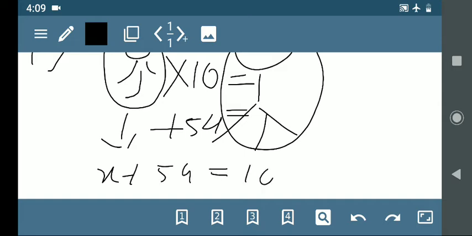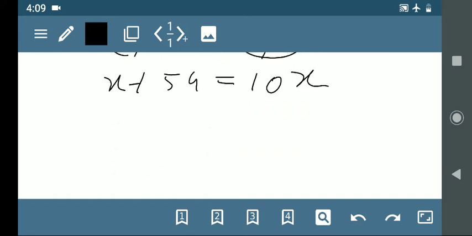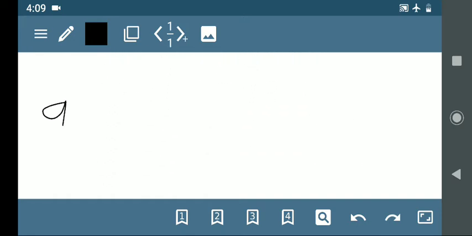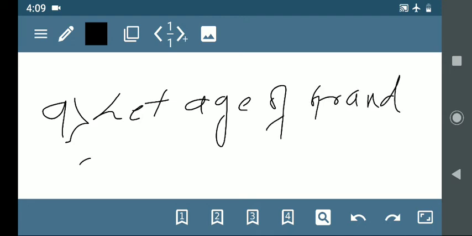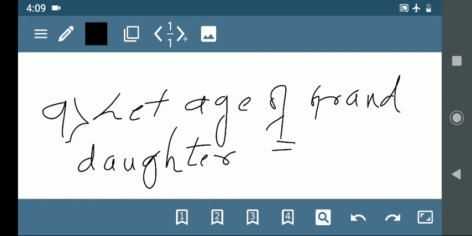Okay. So therefore, in the ninth question, let the age of granddaughter be x.